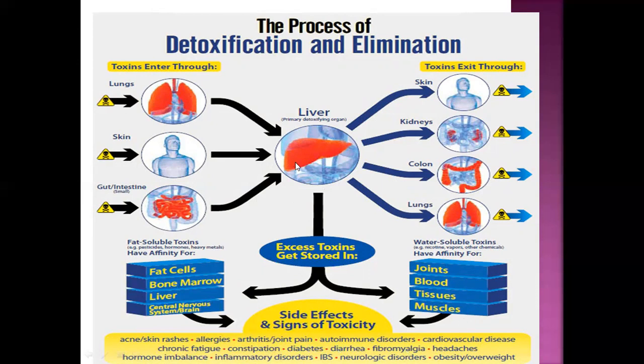So the liver detoxifies all the organs of your body and prevents effects like autoimmune disorders, joint pain, arthritis, allergies, acne, headache, obesity, overweight, cardiovascular diseases, chronic fatigue, hormone imbalance, and so many other diseases.